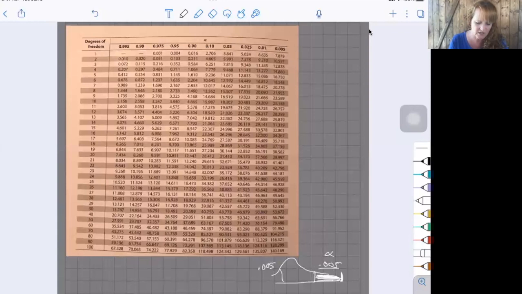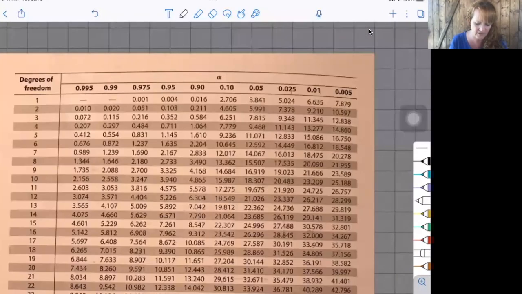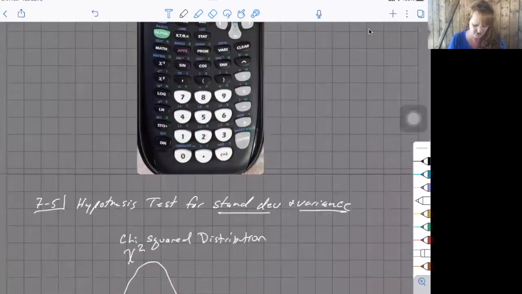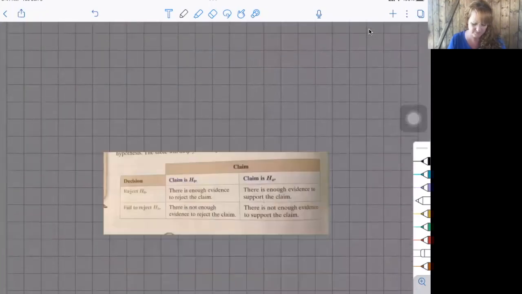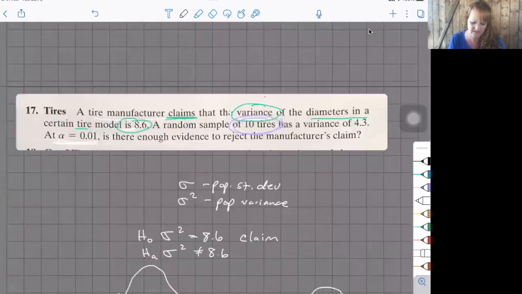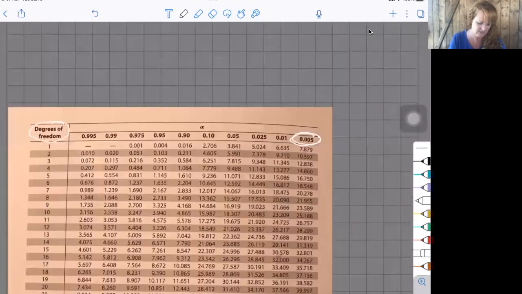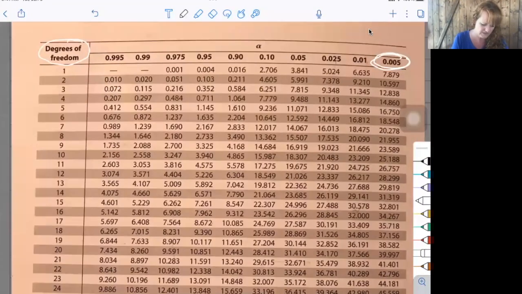So I'm going to look up here at my alpha. I'm going to find 0.005 right here. And then I want to look for my degrees of freedom, which is one less than my sample size. And I think we said our sample size was 10. Let me just confirm that. Yeah, 10 tires. So our degrees of freedom is going to be 9 right here.